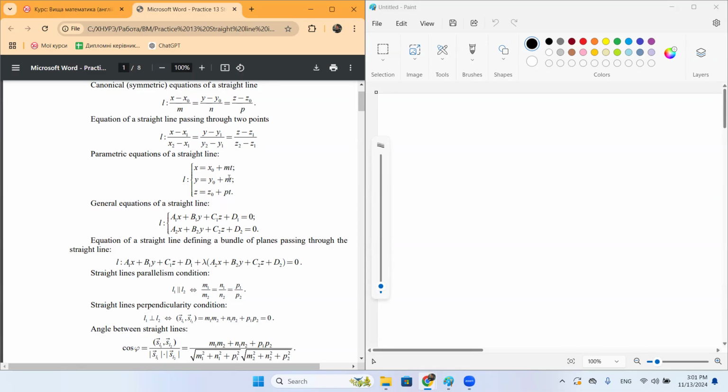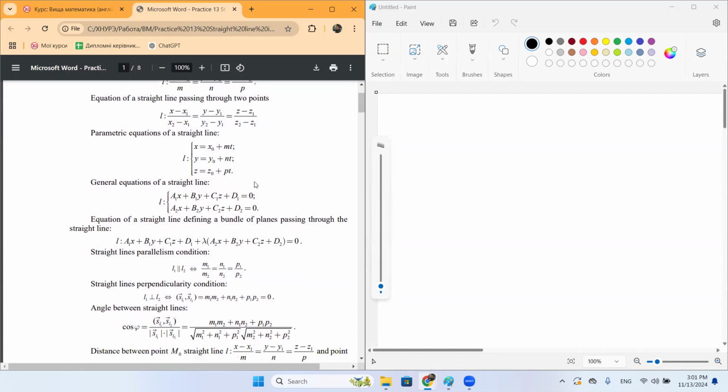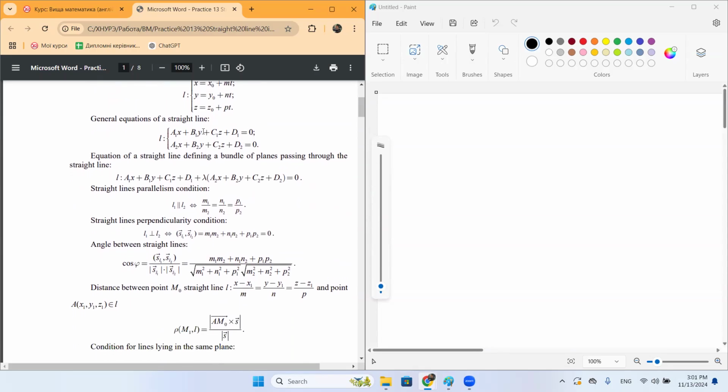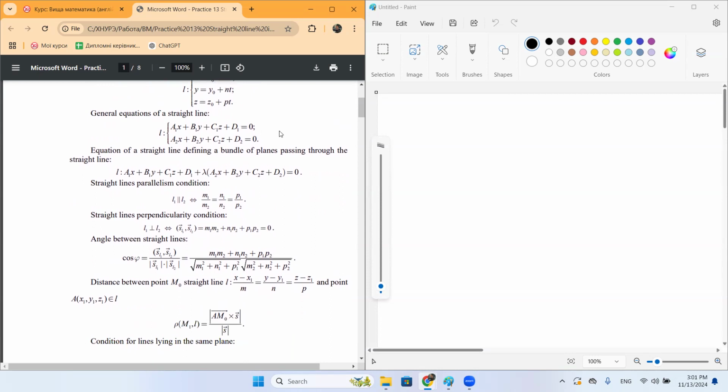So it depends on a parameter that is a real number. It will be useful in some tasks. Now this is the general equation of a straight line. You know that we have two non-parallel planes, and non-parallel planes intersect by a straight line.